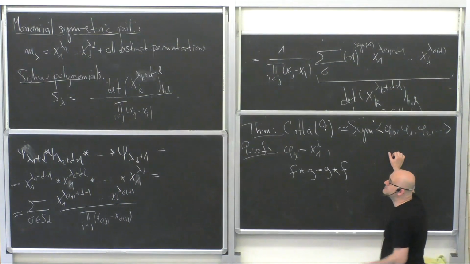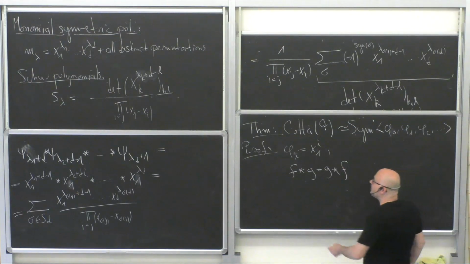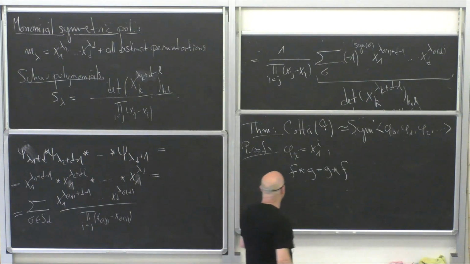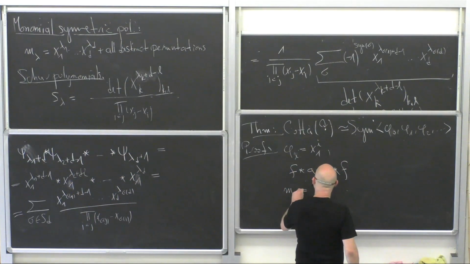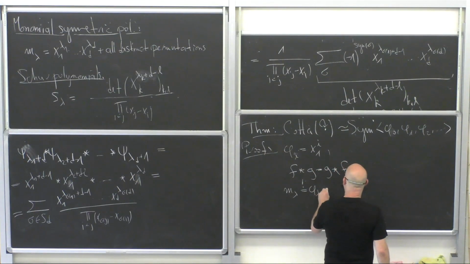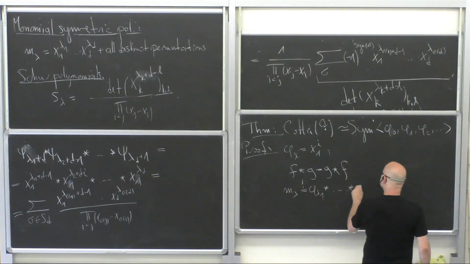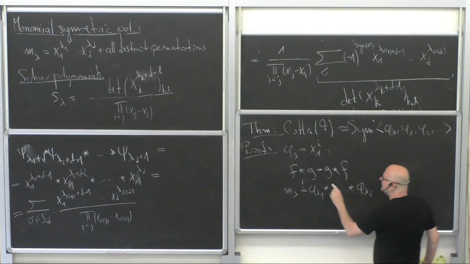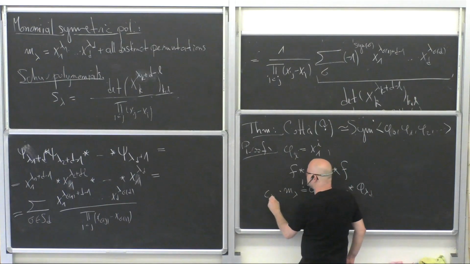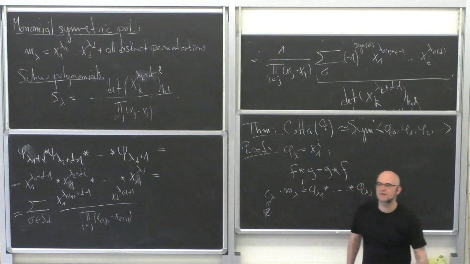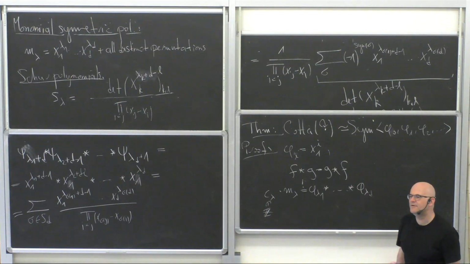And now you just have to see why it is generated in degree 1. Well, guess why I mentioned the monomial symmetric functions to you. You can see that the monomial symmetric function is nothing else than the product of phi lambda 1 times phi lambda d up to a certain scalar, which is not interesting. You don't get a Vandermonde determinant.